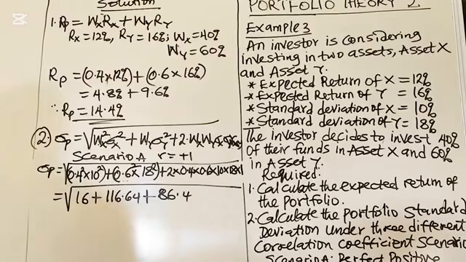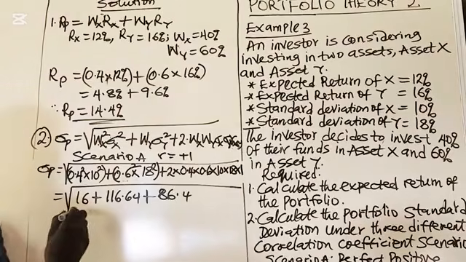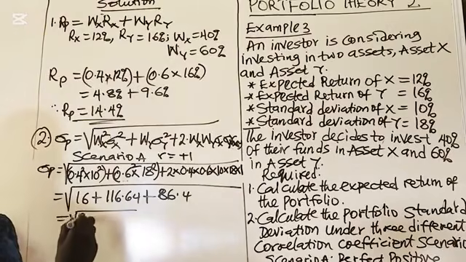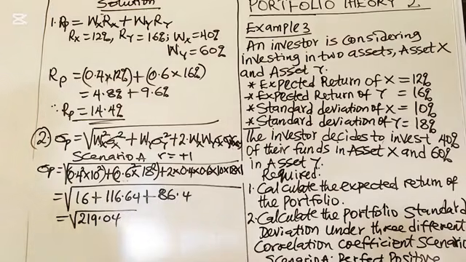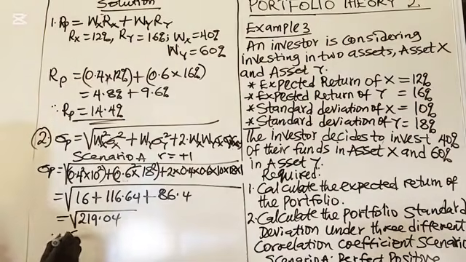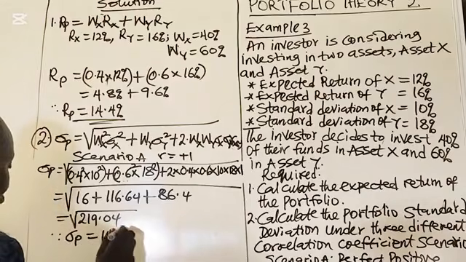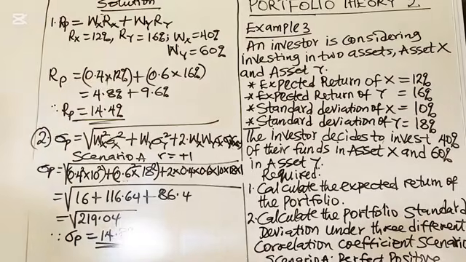The sum is 219.04. So what is the square root of that? Which is 14.8%. So the standard deviation of the portfolio is 14.8%. That is the solution to the first scenario.